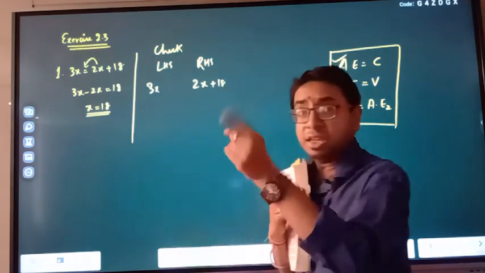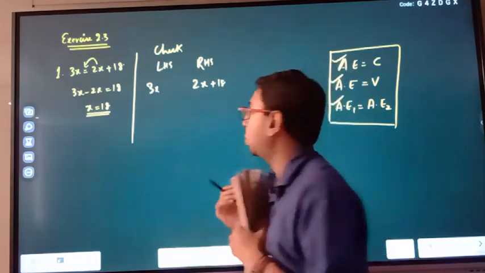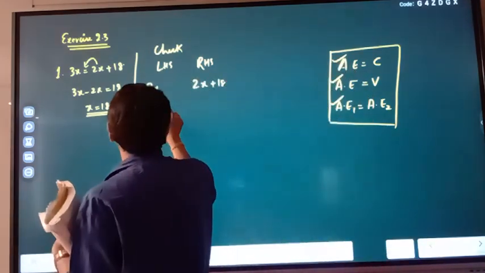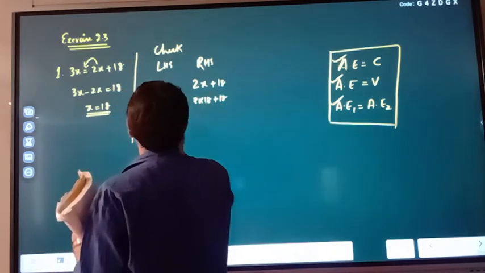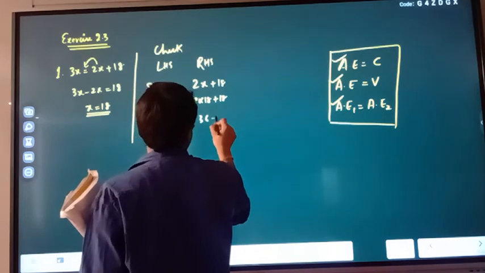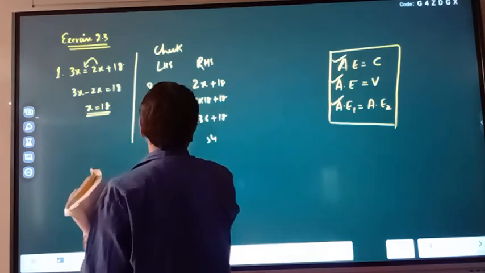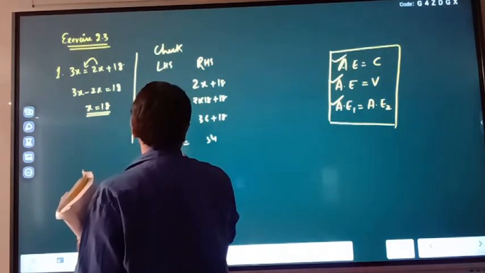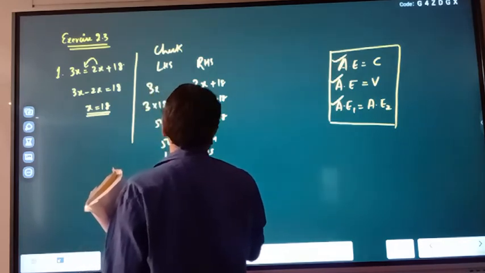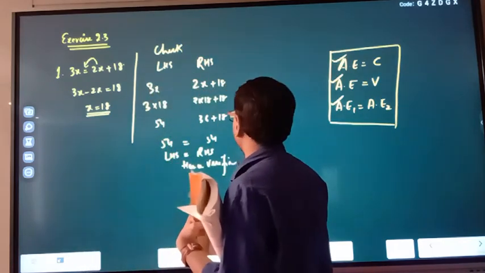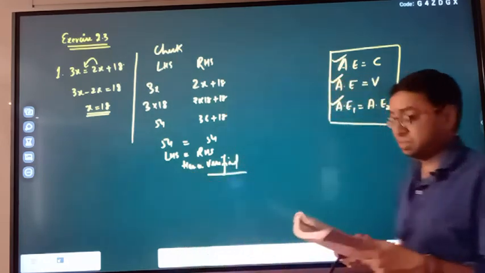While checking, you will not transpose them to one side. Substitute: 54, 36 plus 18, 54. 54 equals 54. LHS is equal to RHS, hence verified. This is what you have to do in this exercise.